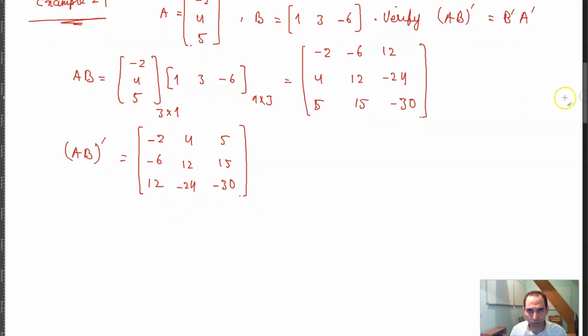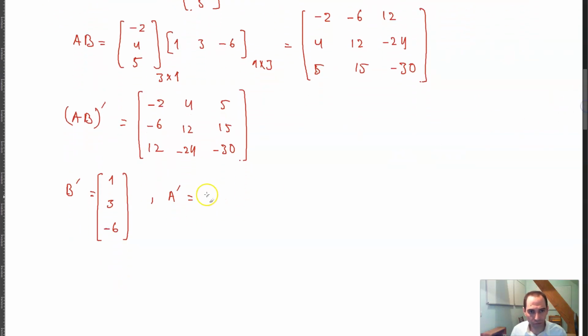Now, B transpose is the same thing as 1, 3, and -6. A transpose is the same thing as -2, 4, 5.